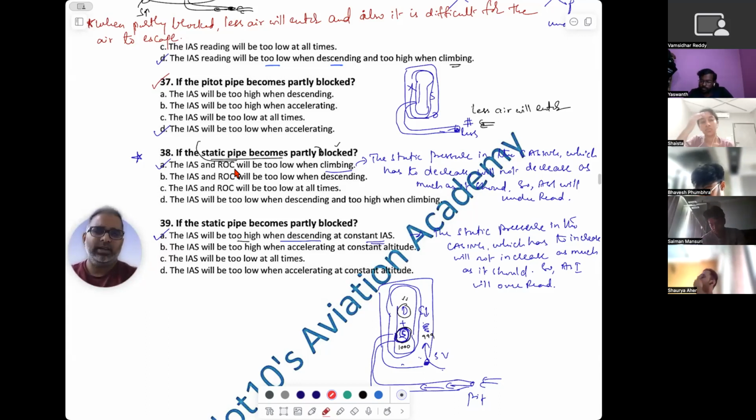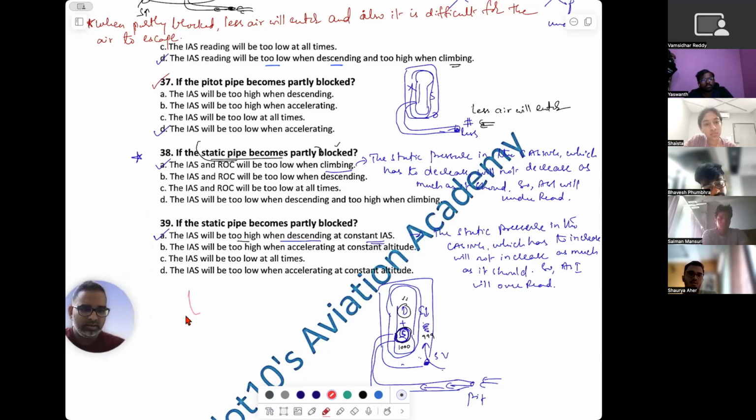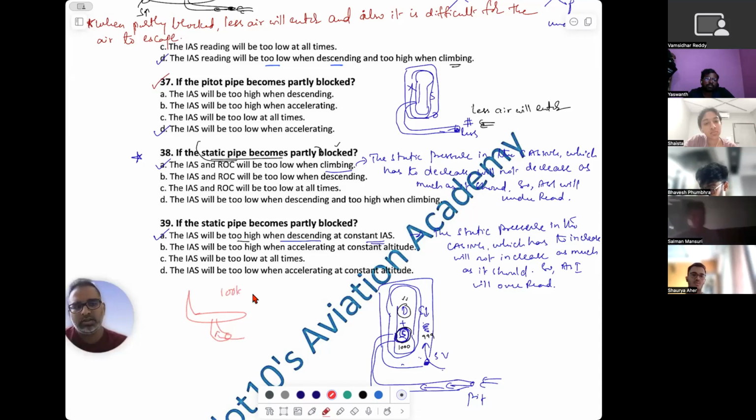The Pitot 37, somebody was asking if Pitot tube is partly blocked. Partly blocked, less air will enter, and okay, you are accelerating, right? This is good. Okay, this is a bit different. Can you see? I'm writing here beside my face. Okay. So now, if you are accelerating, that means from 100 knots, which was your normal speed, you are going now at 150 knots.